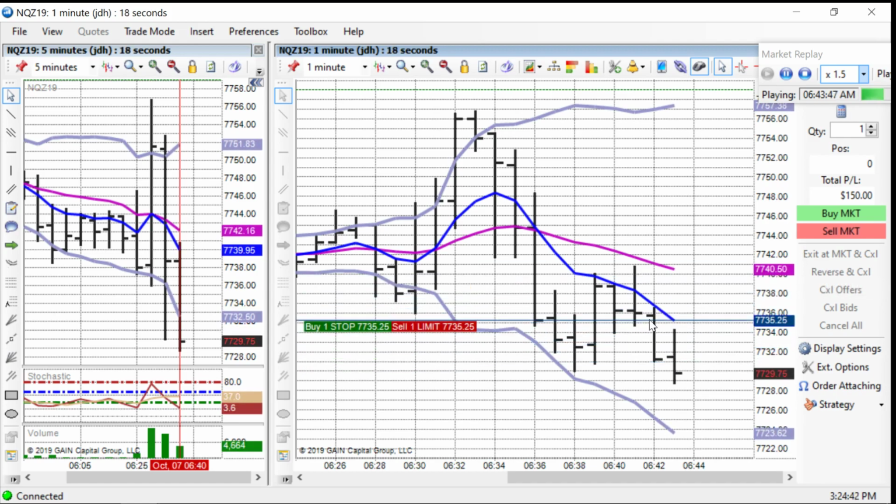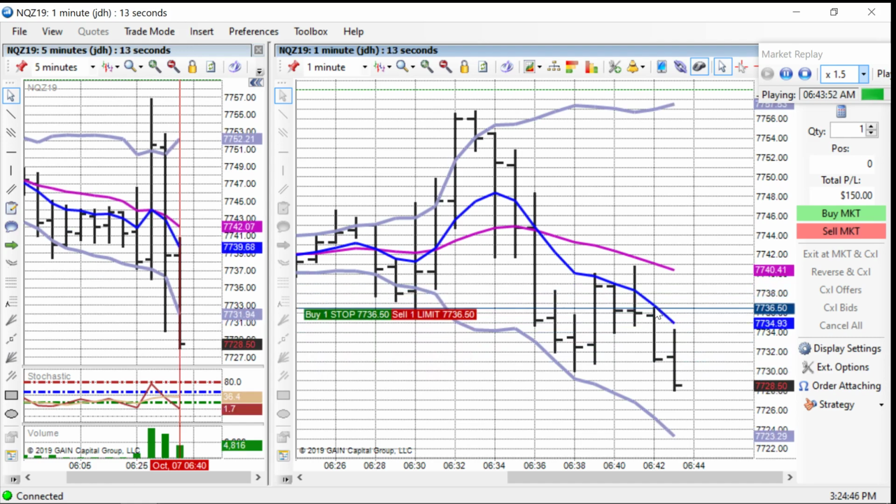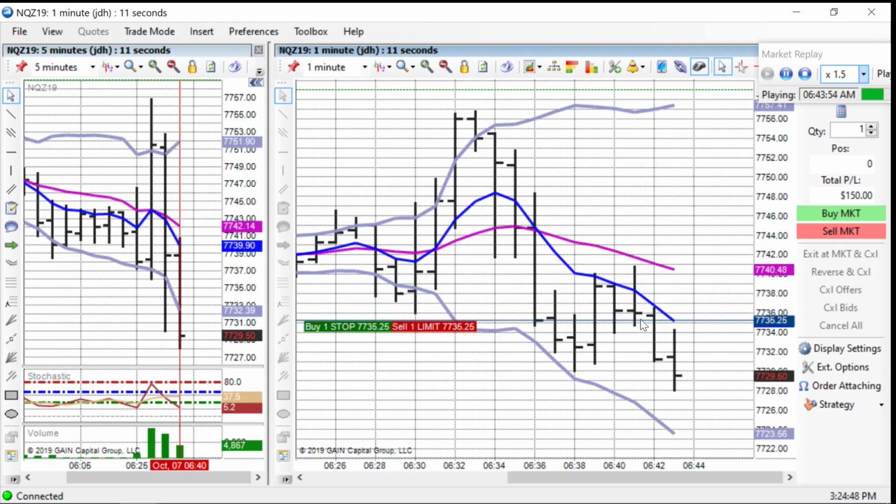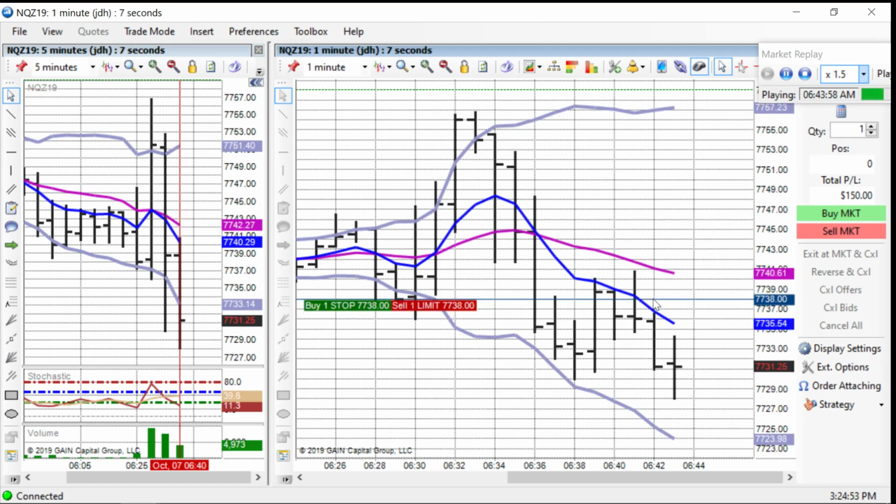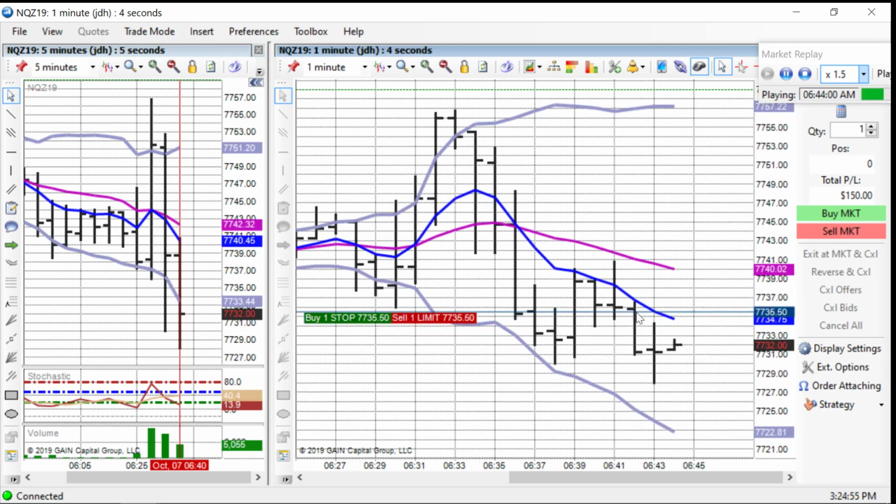Like I said, the objective is, you see how as it starts to move down, it's drawing the 8 EMA line down. But even at the time when the 8 EMA is up a little bit higher, we can still tell when we're entering a trade close to that line.